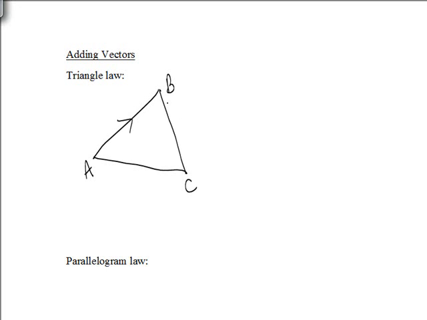So let's put an arrow from A to B and an arrow from B to C. And then let's call AB vector little a and BC vector little b. The triangle law says that AB plus BC is equal to the vector AC.